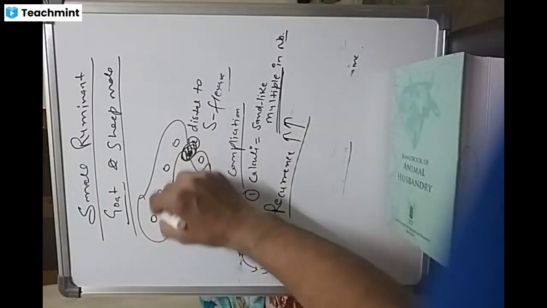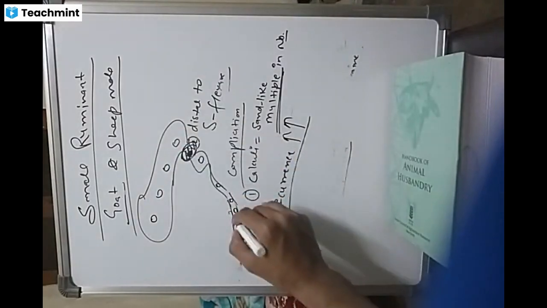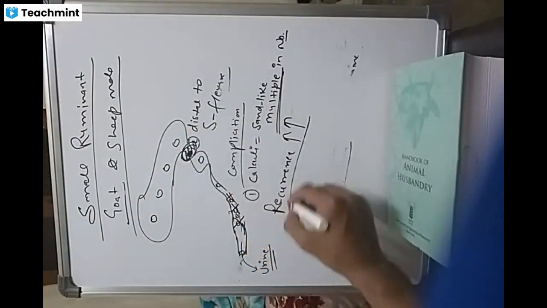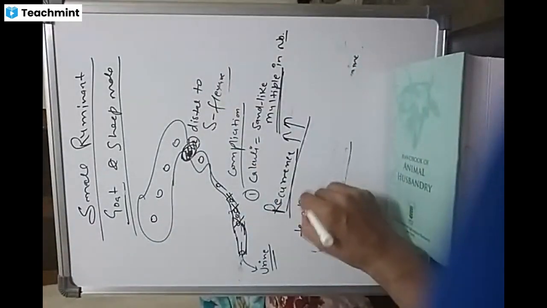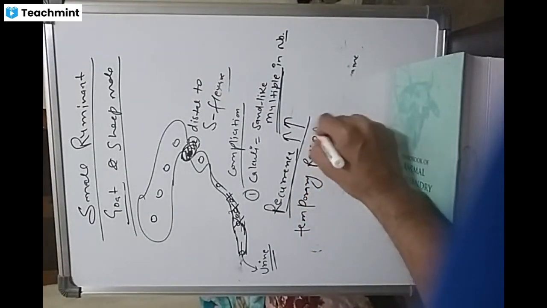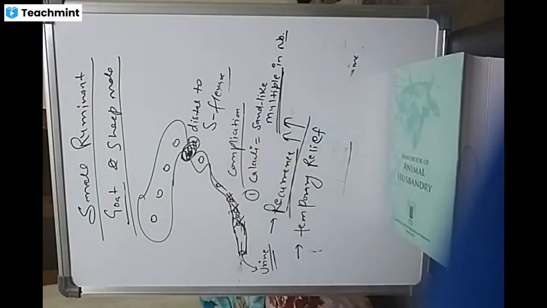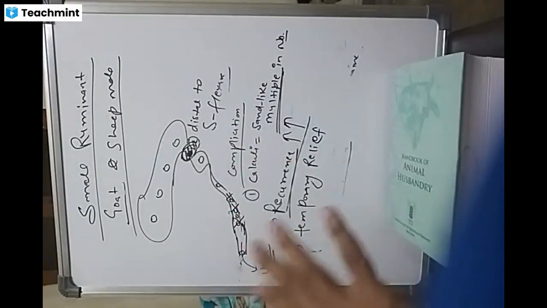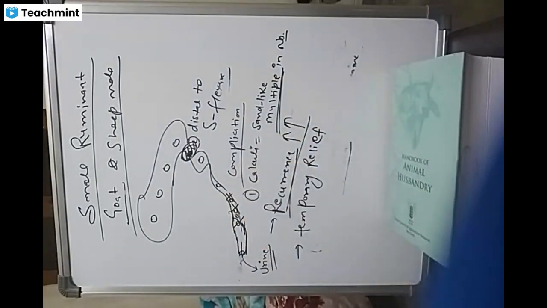Multiple calculi which are present higher in this path will come and block. So this is not a permanent relief. It gives the animal a kind of temporary relief, and recurrence chances are higher. So this is not a permanent method to give relief to the animal.